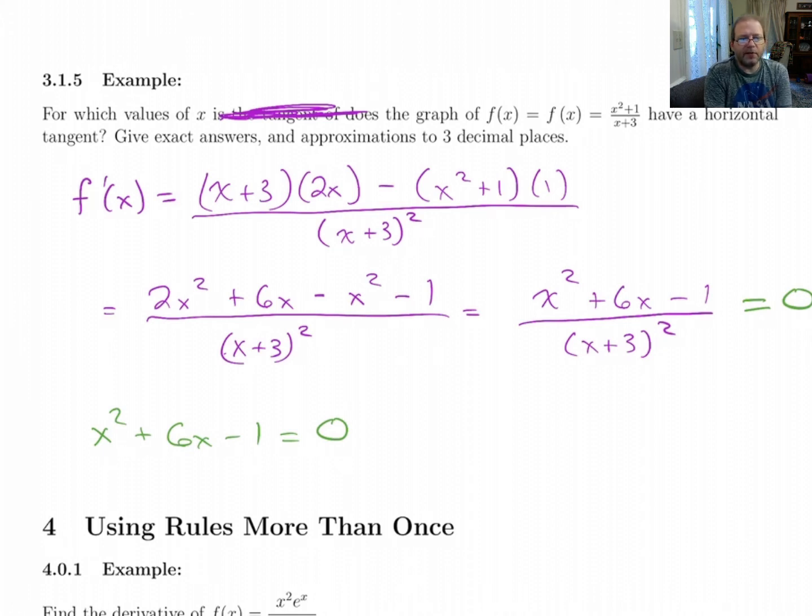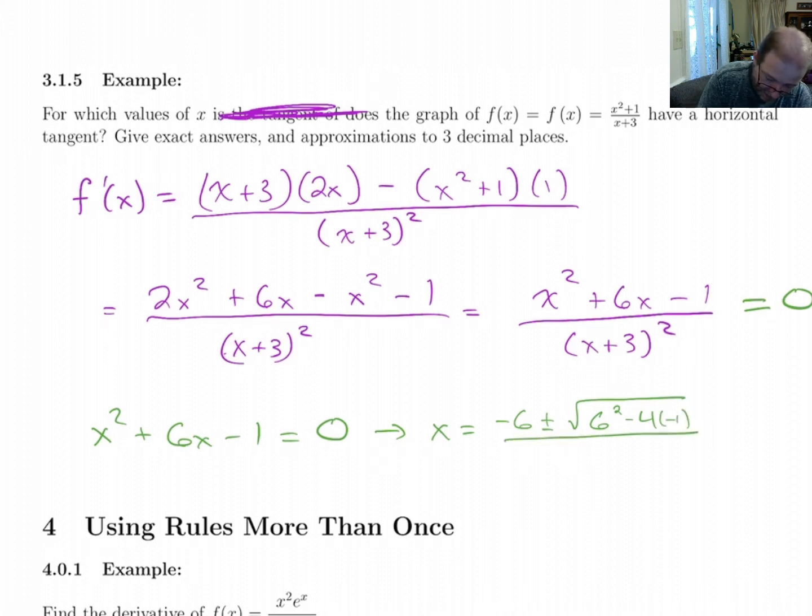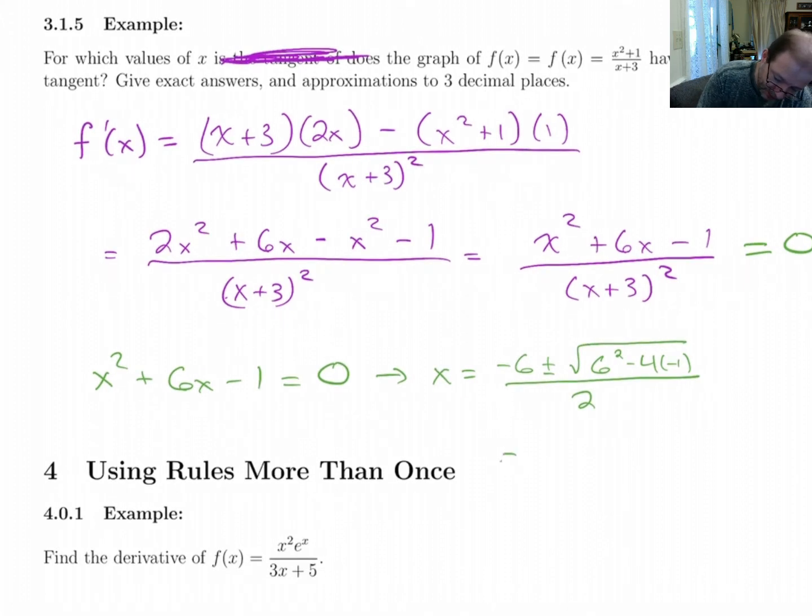You could try to factor it, but it's not going to work out. We've got to use the quadratic formula. So x is equal to minus 6 plus or minus the square root of 6 squared minus 4 times 1 times negative 1 over 2a, so over 2. So that's going to be minus 6 plus or minus square root of 40 over 2.